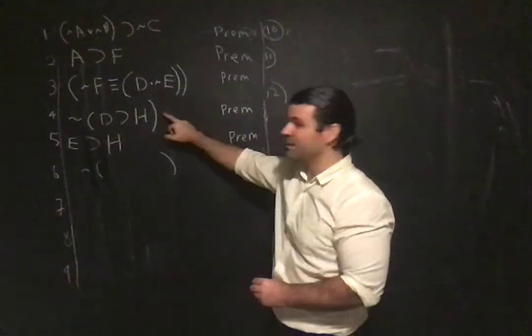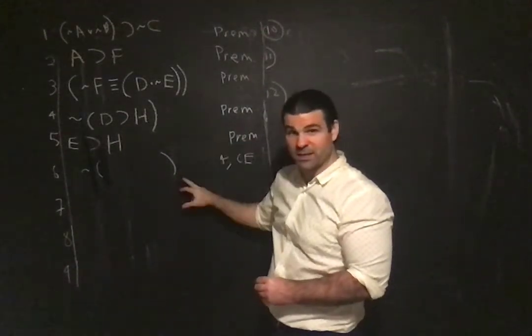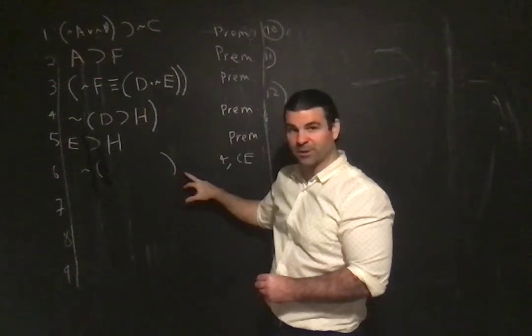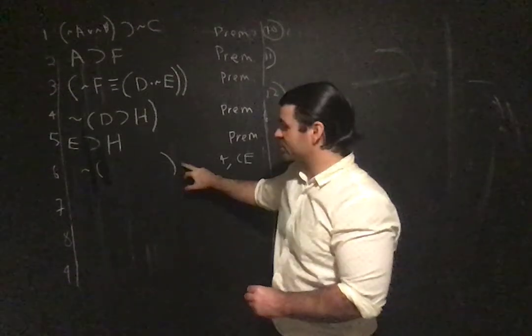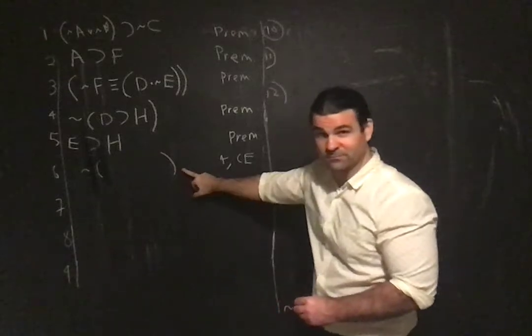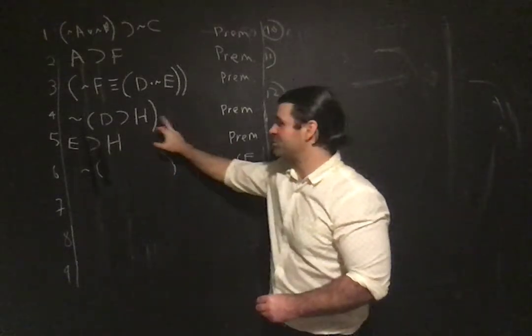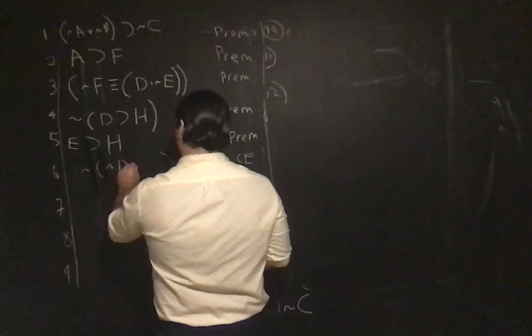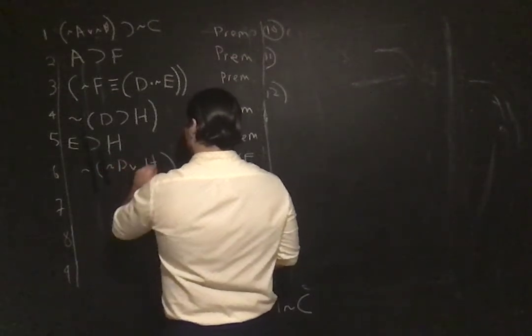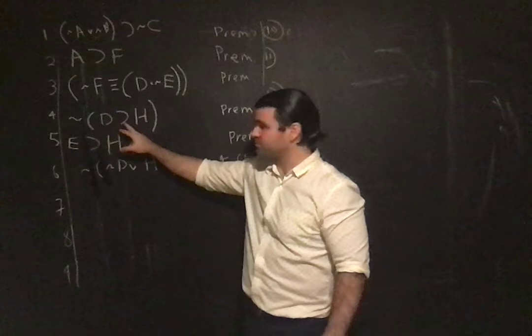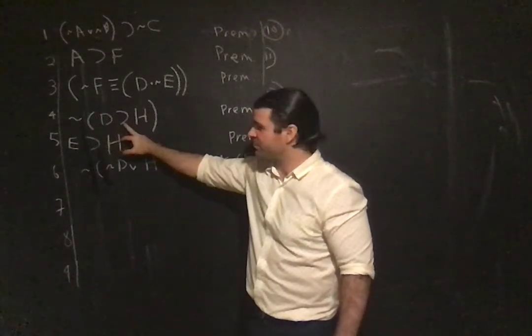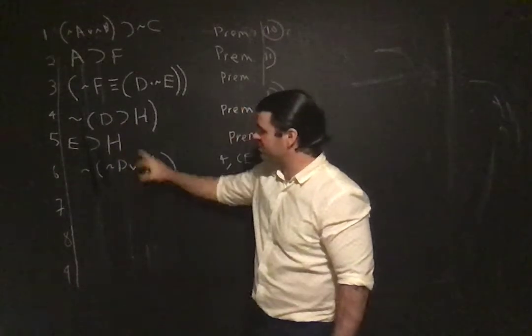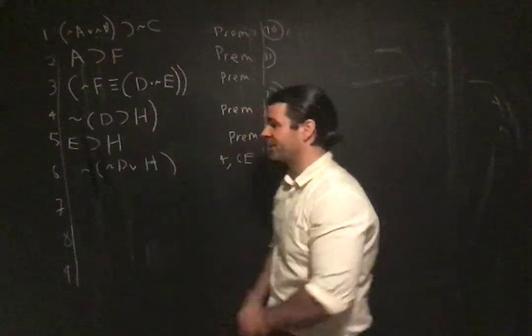So here, this is a negation, and the result of applying the replacement rule to a sub-formula is still a negation. It's just going to be negating something else. I'm changing D hook H to not D or H. Conditional exchange, very crucial rule, you must be very familiar with it. Conditional changes to a disjunction with the left disjunct negated.